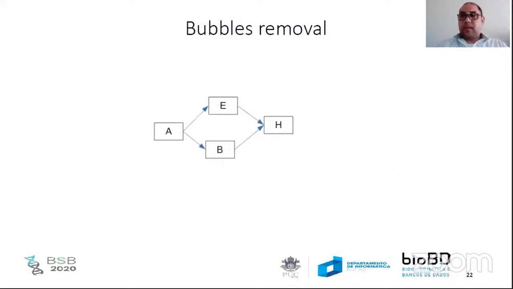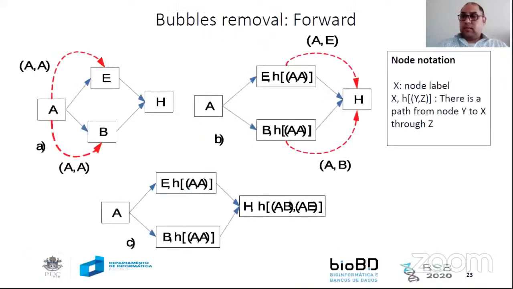Finally, we have the bubbles. How can we do that? This approach for bubbles is based on breadth-first search algorithms and has two steps, forward and backward. In forward, we identify the paths, and in backward, we remove the selected paths.